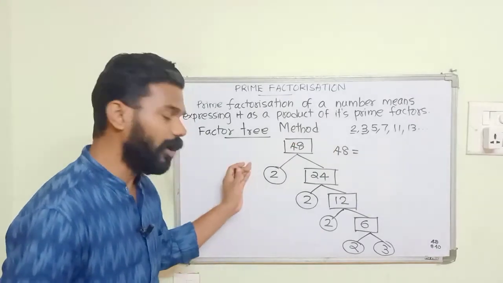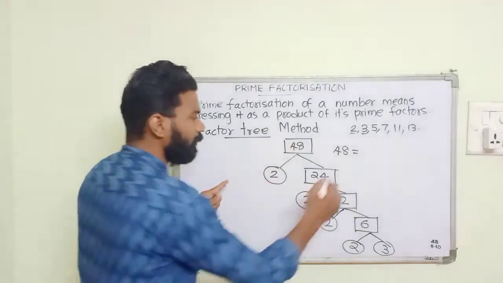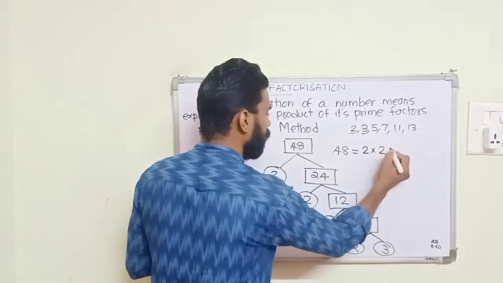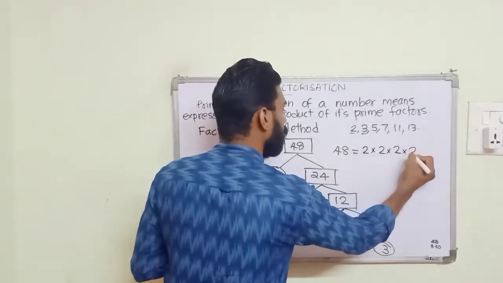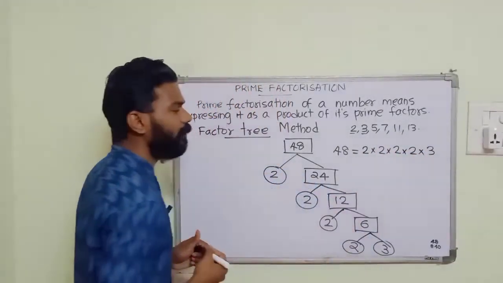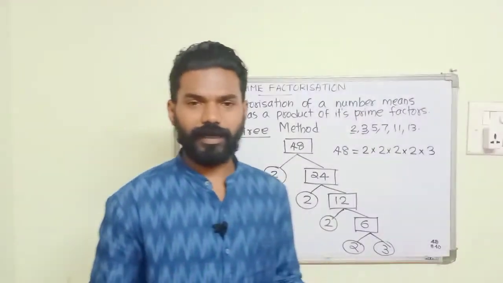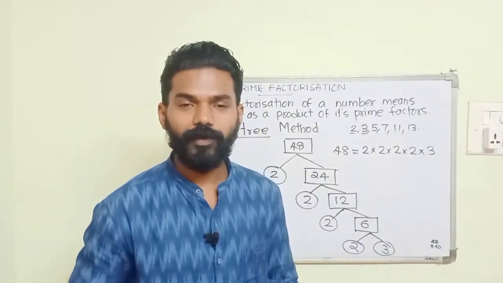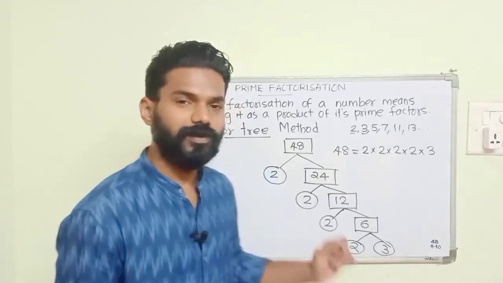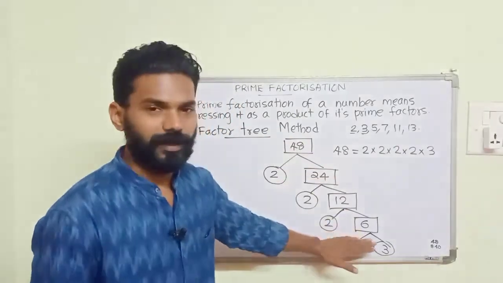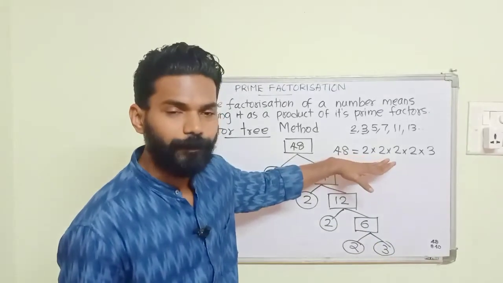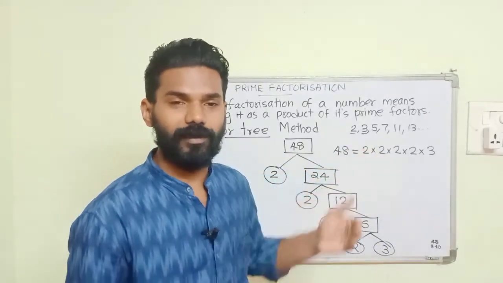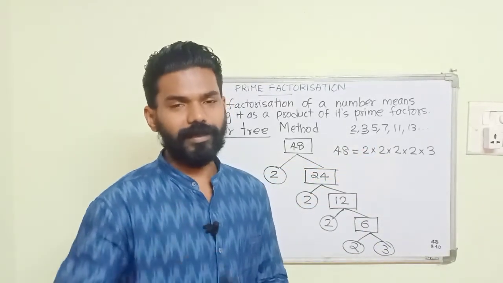So tell me how it would become. 2 into 2 into 2 into 2 into 3. That will be the prime factorization for 48. So we just used the factor tree method for finding the prime factorization of a number. Hope you all understood.